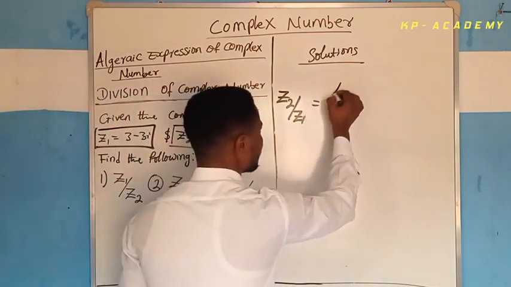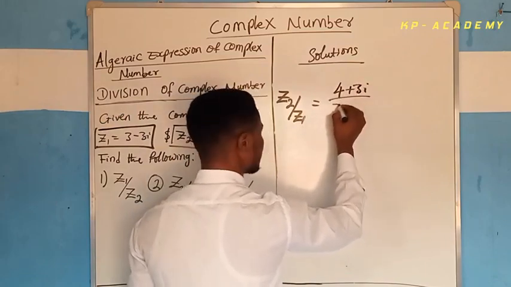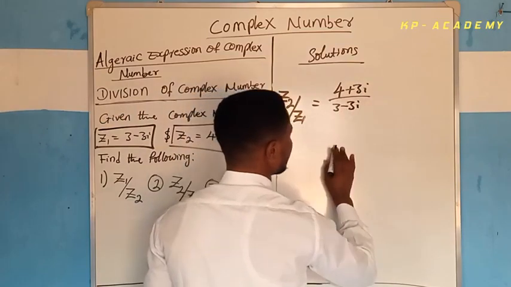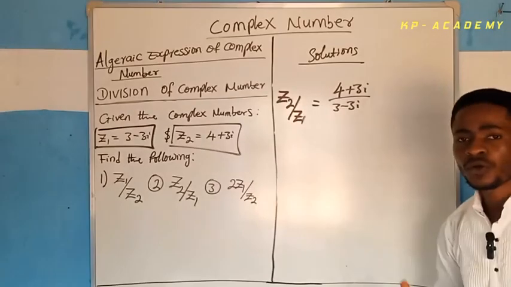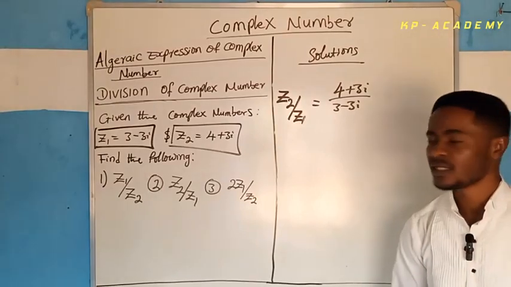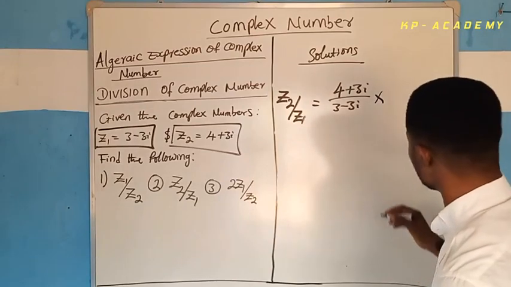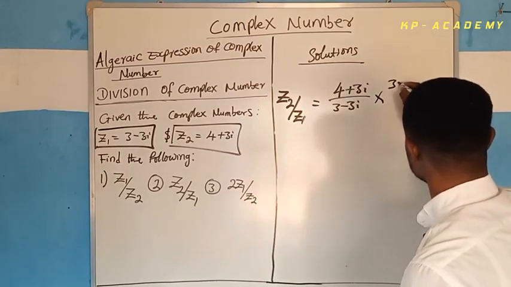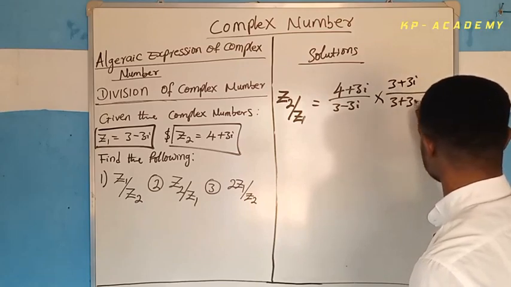So we have 4 plus 3i all over 3 minus 3i. Now, like I said before, we are going to multiply numerator and denominator by the conjugate of the denominator. And I've said that a conjugate of a complex number is gotten by changing the sign of the imaginary part. So I'm going to have 3 plus 3i all over 3 plus 3i.